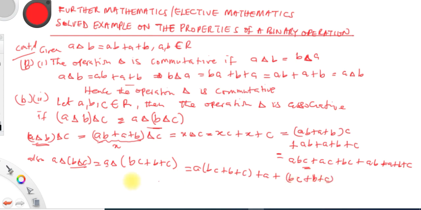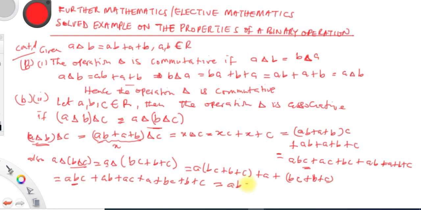So we have ABC, plus AB, then plus AC, then plus A. Then you just remove the bracket: plus BC, plus B, plus C. Okay, so let us write this ABC first.